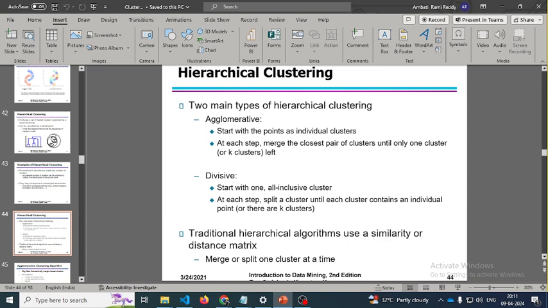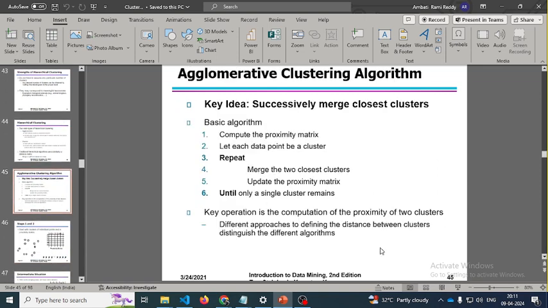The traditional hierarchical algorithms use similarity and distance matrices. Whenever you want to merge or split one cluster at a time, you depend on this distance matrix or similarity matrix.